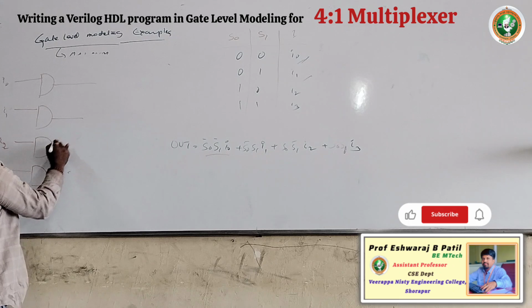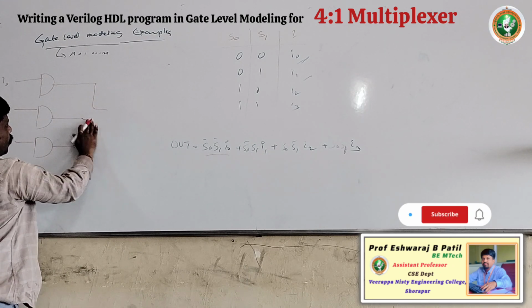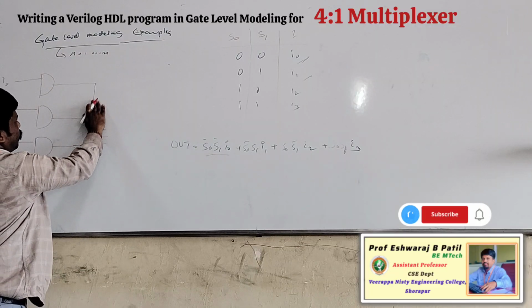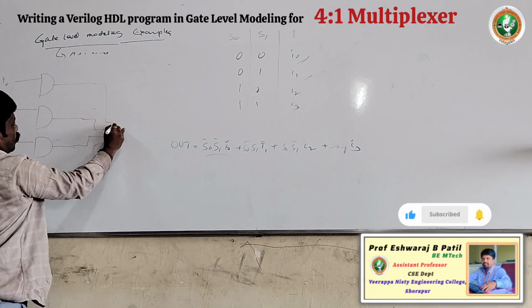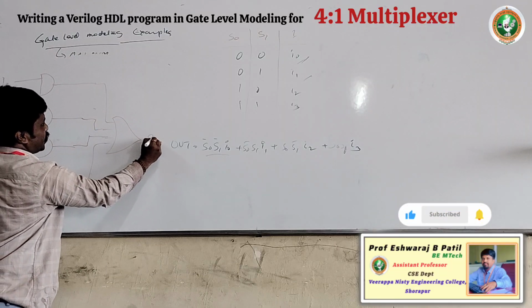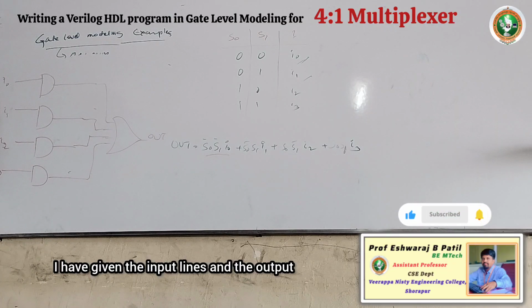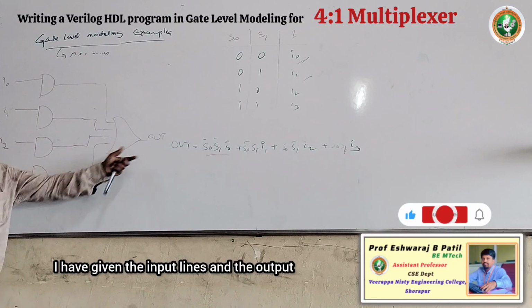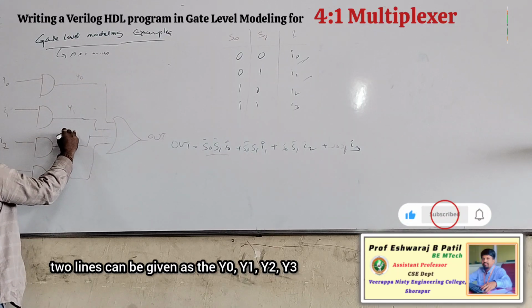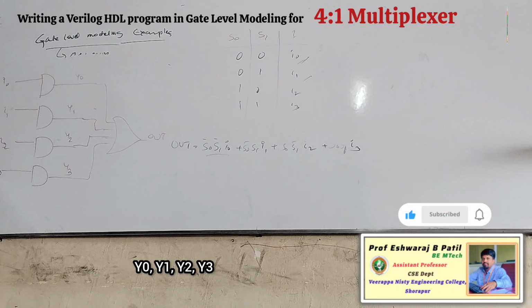The output is given as out with the help of one OR gate here. So I have given the input lines and the output. The interconnections between these two can be given as Y0, Y1, Y2, Y3.